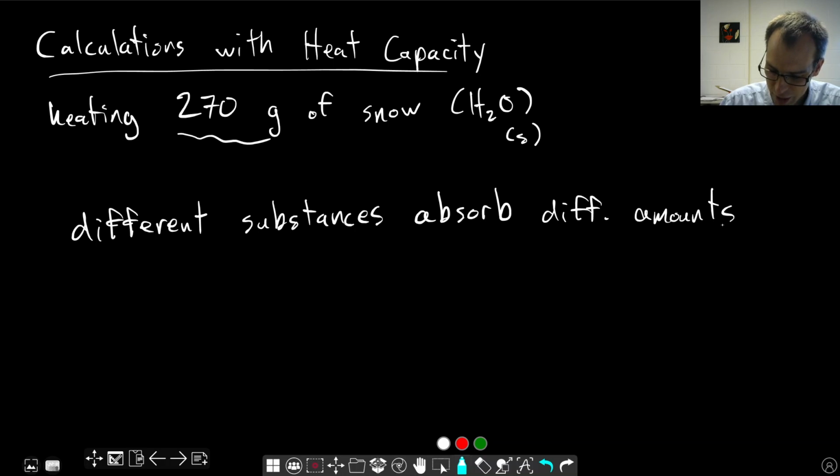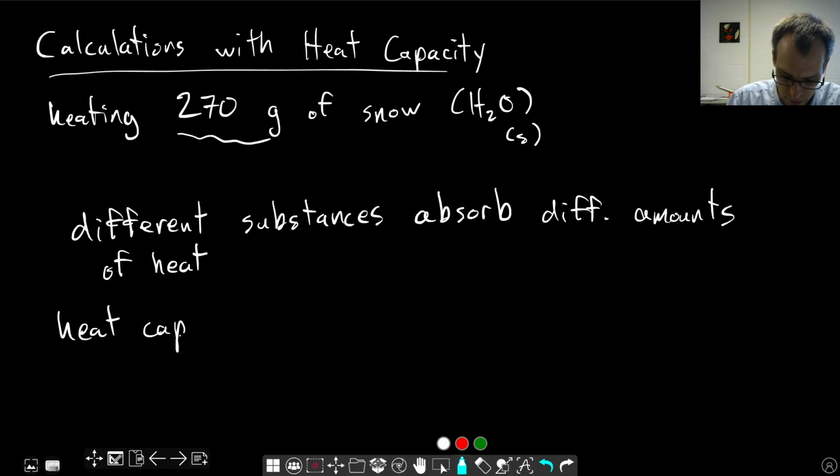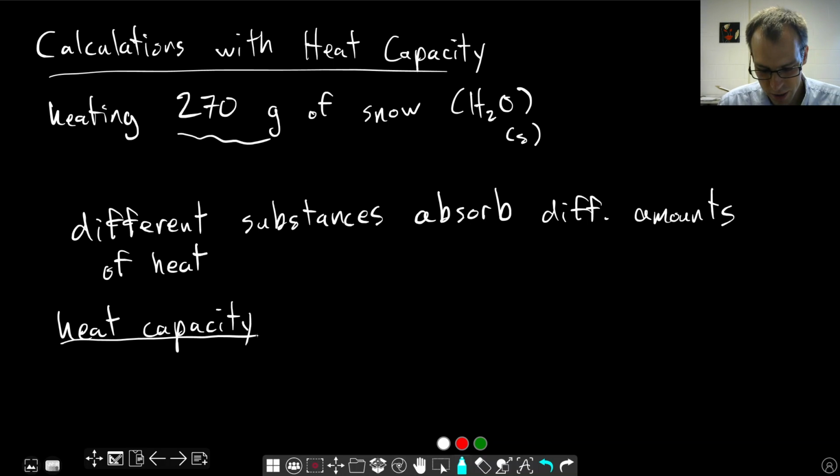And how we keep track of this is that each substance has what's called a heat capacity. And just as the name implies, this is its capacity to absorb heat. This is something you'd have to get from a table, and these are often calculated as molar heat capacities.